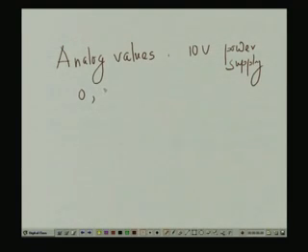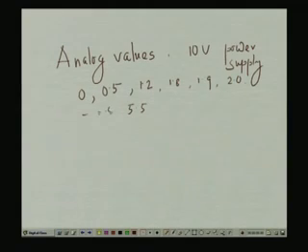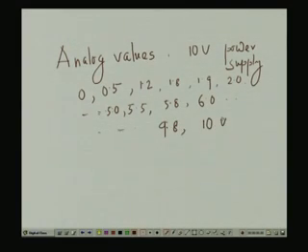So, it can take 0, 0.5 volts, then 1.2 volts, then 1.8 volts, 2.0 volts, like that, like it can be 5.0, 5.5, 5.8, 6.0, in that way it will be 9.8, then 10 volts. See, so many values it can take.